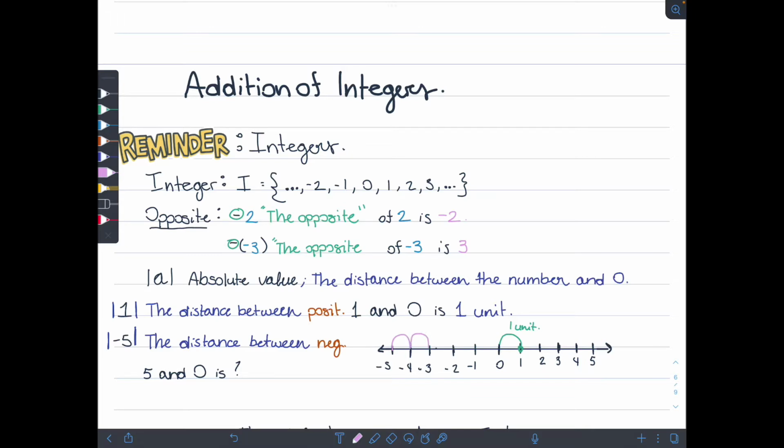Took 1 hop, 2 hops, 3 hops, 4 hops, 5 hops, or 5 units. And would you look at that? It's the same numerical value, but opposite sign. This is a positive 5 and negative 5. What do you think that is?